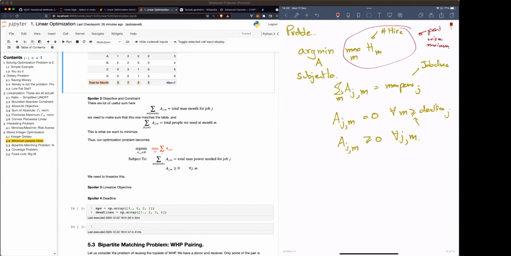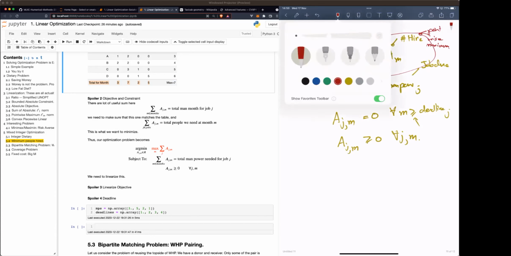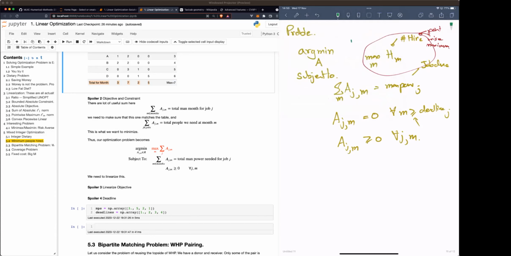Okay, so here's how to make it linear. Watch carefully. Most of the time, you move the thing that doesn't look linear to the constraint. So I introduce another variable, T, and what I can do is move this guy down, and let's say that this guy is equal to T.